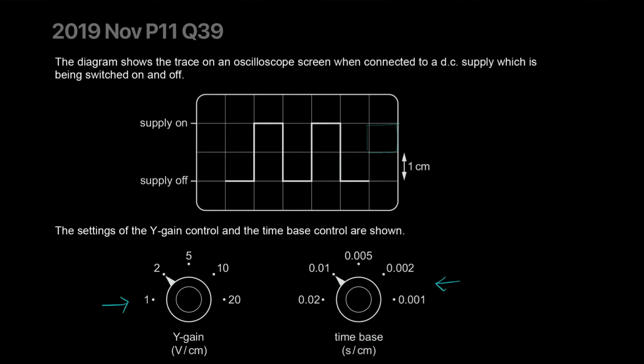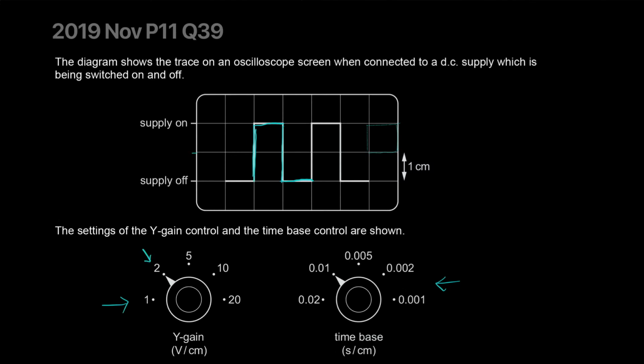All right, fine, it's there, right? And this is the cycle. So let's highlight one complete cycle. It starts here, goes like that. Yep, that's one complete wavelength, right? Supply is on, supply is off. Okay, Y gain, the voltage is at 2 per centimeter, right?